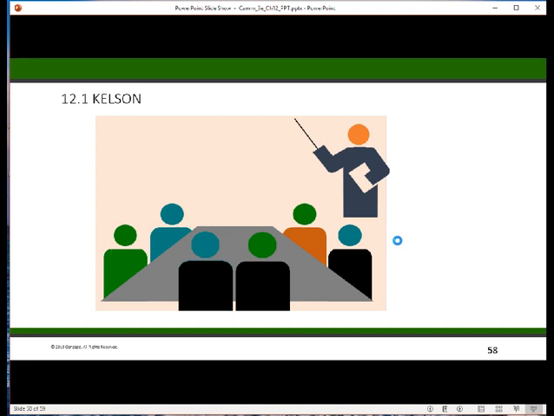I'm going to pause this and then come back in like 5 minutes or so, restart this, and then we'll go over the solution for problem 12.1, which will be similar to the graded exercise that you are required to turn in. Okay, so we'll go ahead and pause things for just a moment.